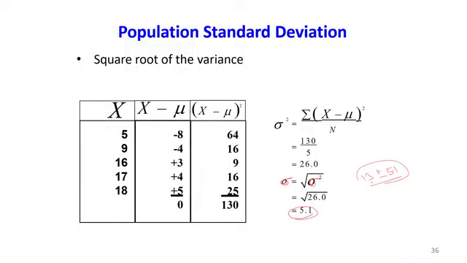So if you say that the data is deviating from the mean plus minus 1 sigma, that means 1 into 5.1. If you say the data is deviating from the mean plus minus 2 sigma, that means 2 into 5.1.